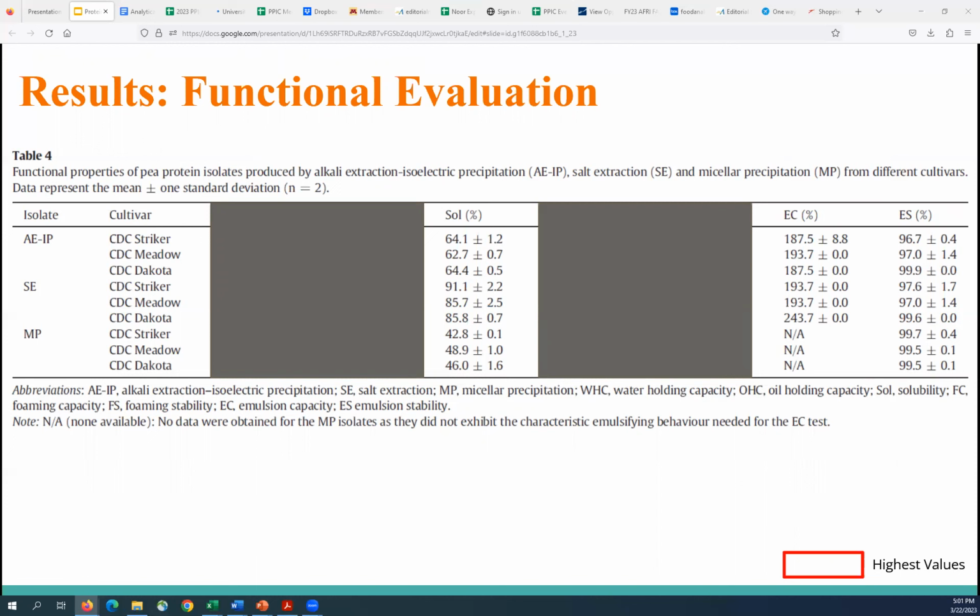They said they did statistical analysis, but they didn't make it clear in the result table, so it's really hard to know which one has the significant difference. Why do you see much lower solubility for micellar precipitation compared to the others?